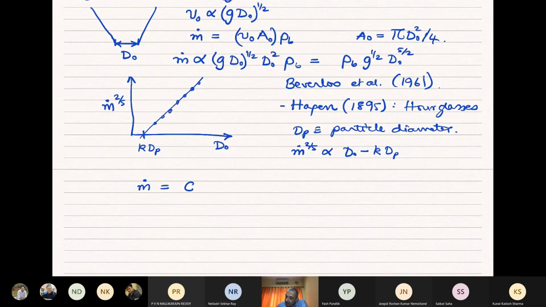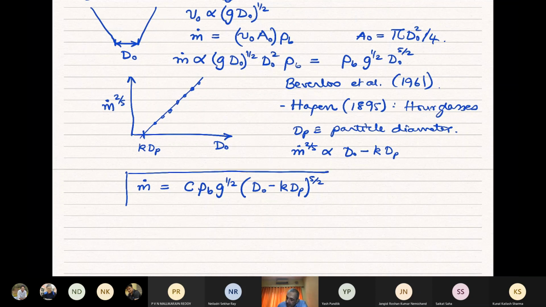So you put all those things into this constant C, and then you have the bulk density of the material, and then g raised to the power of half, and then d0 minus k dp raised to the power of 5 by 2. So this is what is known as the Beverloo correlation.